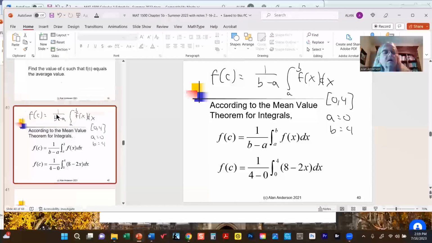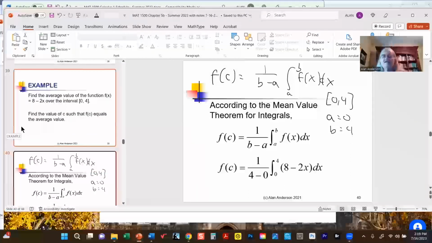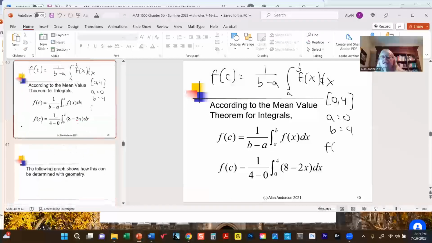And furthermore, we were told that the function itself, f of x, is 8 minus 2x. Okay, so we can plug in all these numbers, and you can see here we've started to do that. 1 over 4 minus 0, and we have the interval from 0 to 4. The function is 8 minus 2x dx.